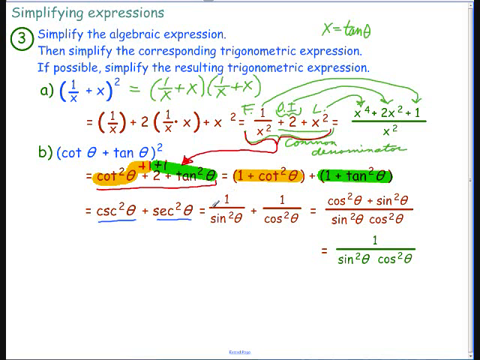So if I write those in using the reciprocal identities now, 1 over sine squared plus 1 over cosine squared, if I want to have a common denominator, and when you have this kind of a situation, you want to get the common denominator.